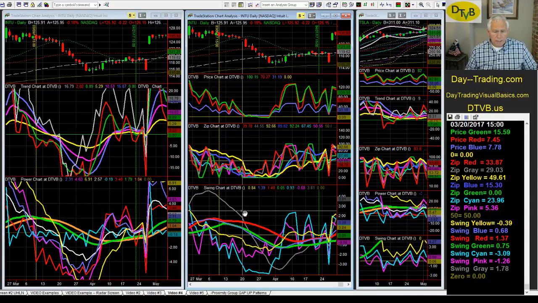And so when swing gray crosses under your red and your green and your zero line, that makes for a stronger down movement. And as you can see from this point on, the right side of the white vertical line moves down faster than the left side.